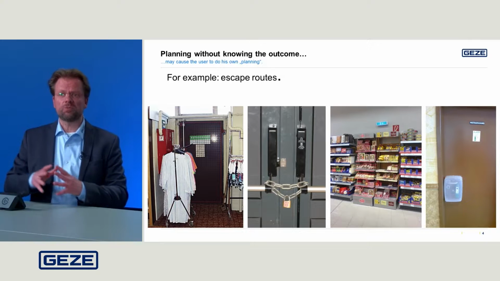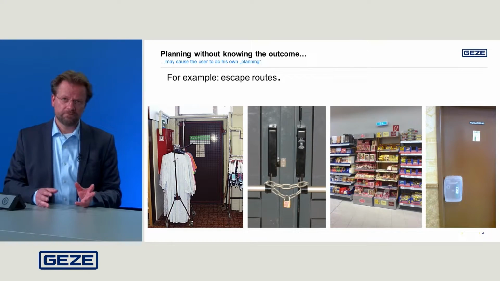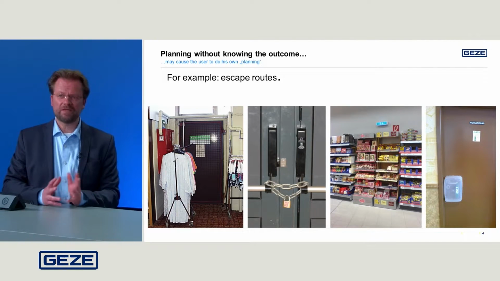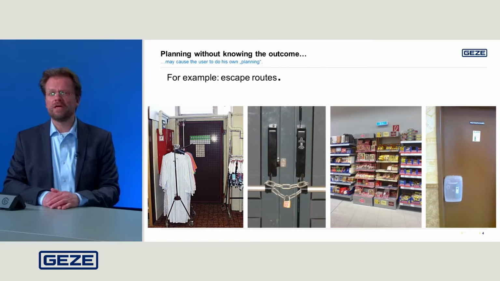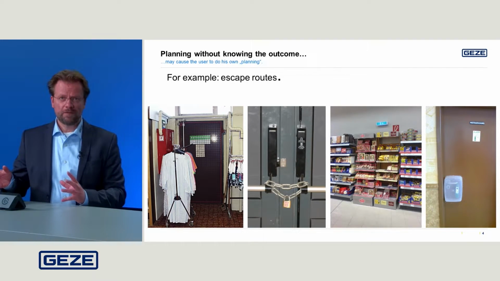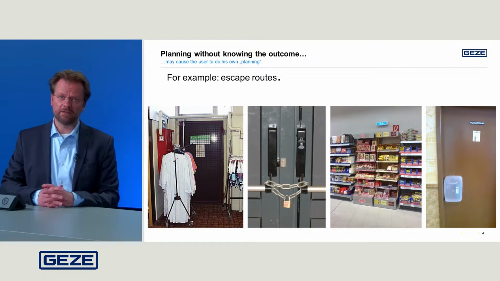The mistakes we are seeing here are done by the user, the builder. So he thinks, well, something is wrong with my doors and I want to have them another way. But these traps, these mistakes here are sometimes deadly.